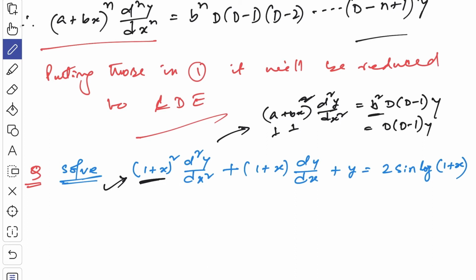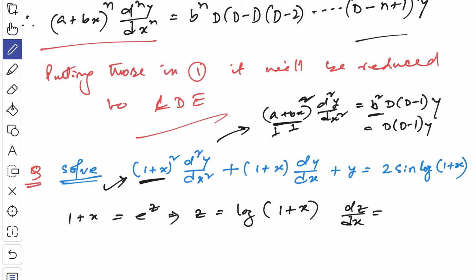Before that, instead of a plus bx we have here 1 plus x, so it should be replaced by e to the power z, which gives z equal to log of (1 plus x), and from here dz by dx is 1 by (1 plus x). That's what we will get.